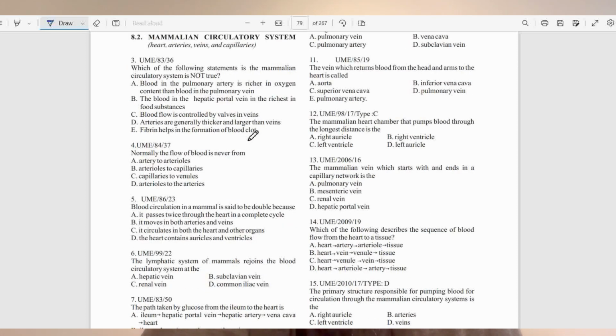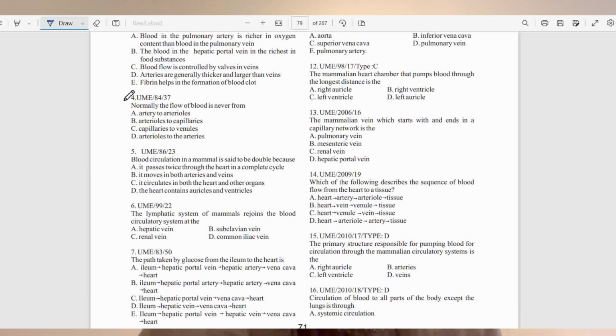The next question I will consider will be question number 4 here, 1984, question 37. Normally, in the flow of blood, you are moving from artery, right? And artery divides further into smaller arterioles, all right?